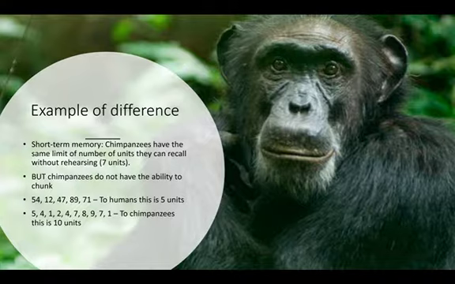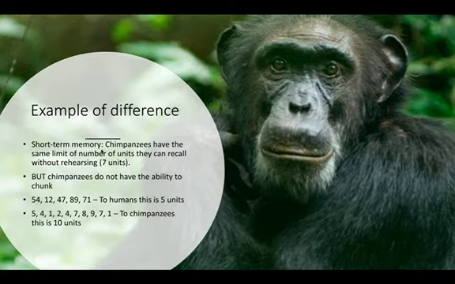Okay, and one of the examples, and I've talked about chunking a little in our models of memory lecture. So one example of the differences that we have even with our close relatives, chimpanzees, is short-term memory.